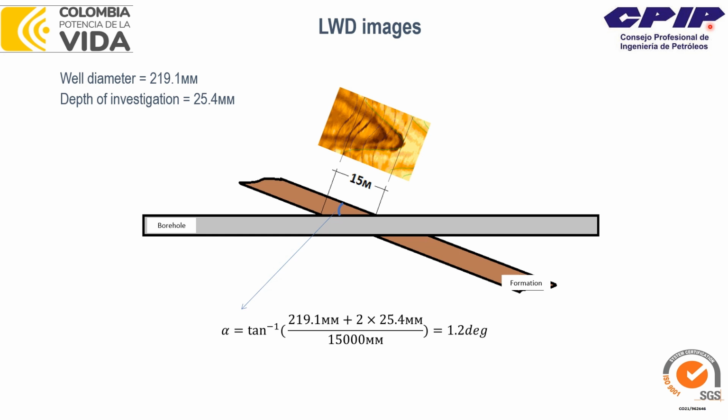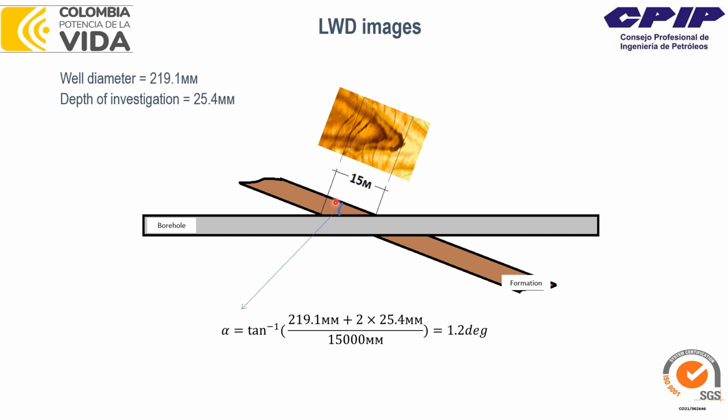This is our borehole, which just crossed the formation, and this brown is our formation. This cross has generated the image, and the amplitude of the sinusoid of this image, as you see right here, will be one part of the triangle, and the diameter of the well will be the second part of the triangle. By resolving the simple geometry, you can calculate the angle.